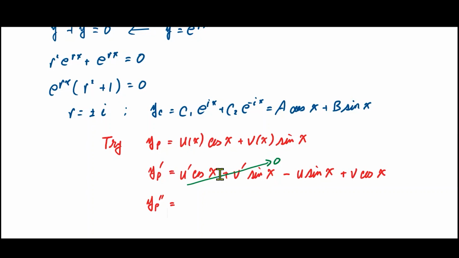Can you imagine, if this is not 0, then you have a u double prime cosine x and then another product rule, right? Wow, I sure don't know how to handle that. So we only consider the case where this thing miraculously cancels out and becomes 0. Then at least we don't have to worry about u double prime, v double prime, okay?